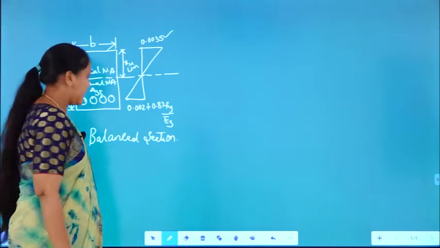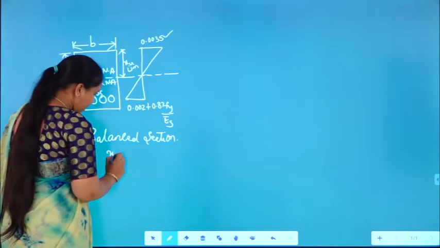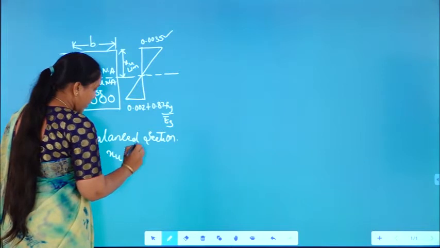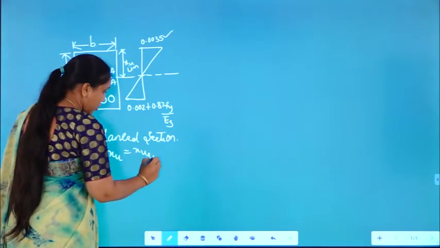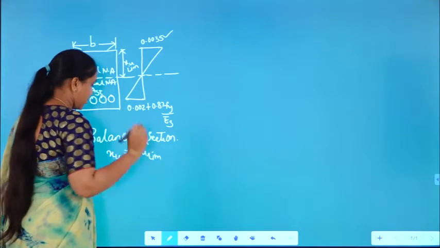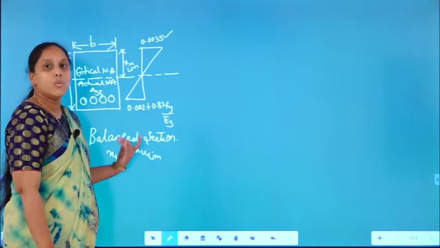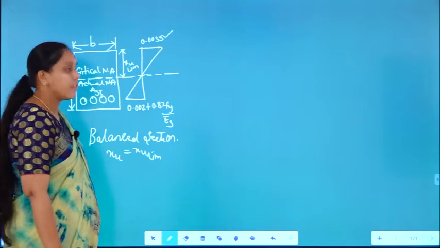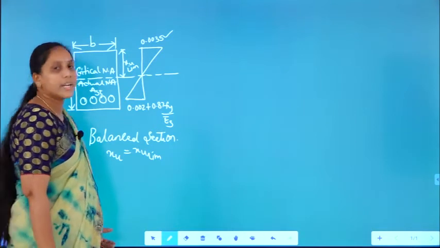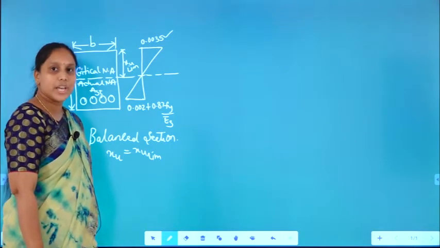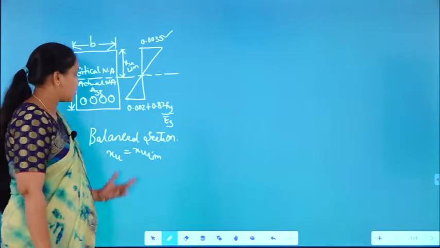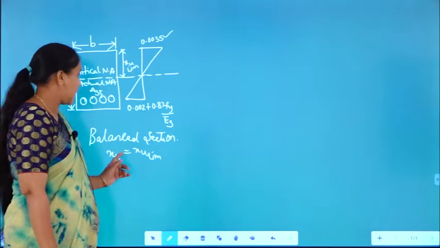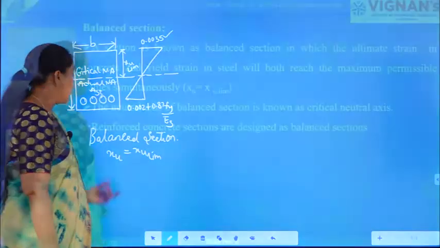So, for a balanced section, Xu will be equal to Xu limit. So, what is a balanced section? A section in which both the concrete as well as the steel will reach their maximum strains at the same time. Such a section is called a balanced section.